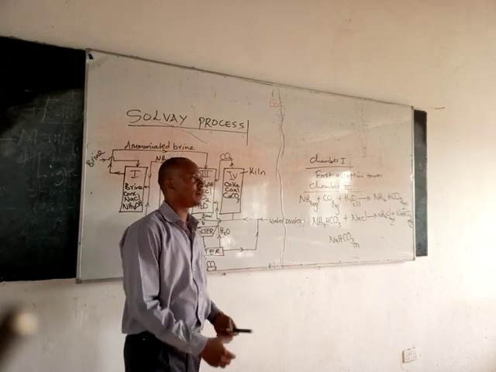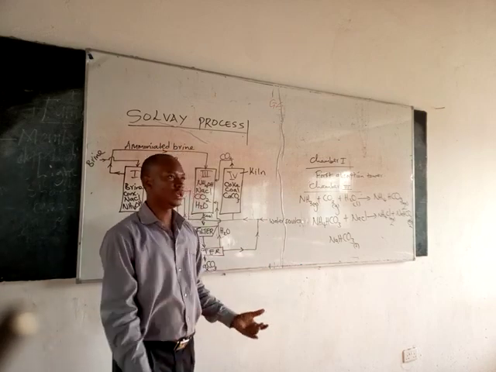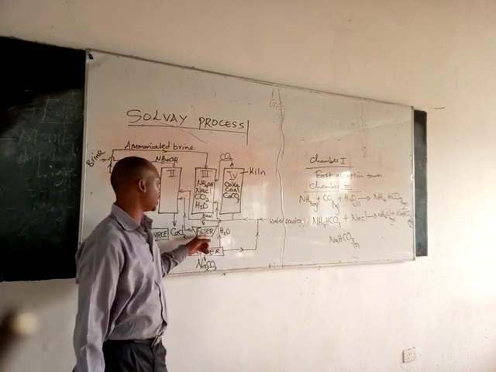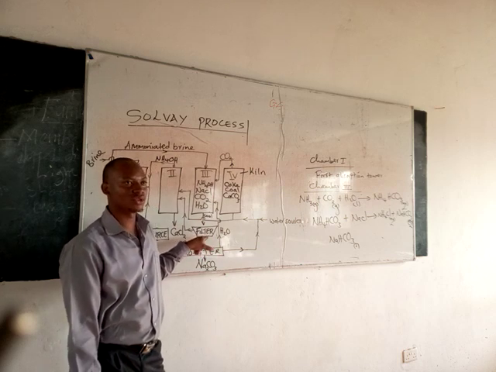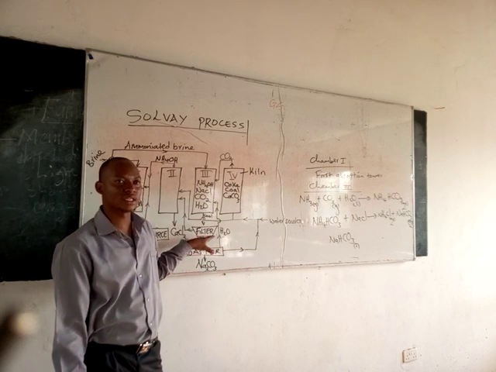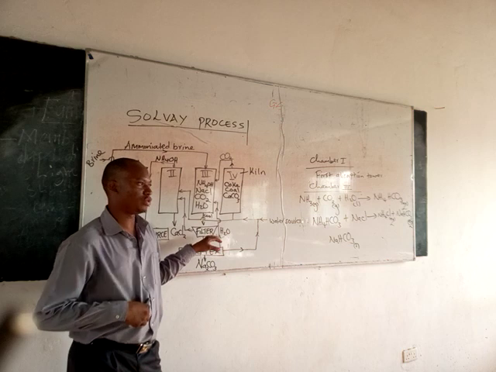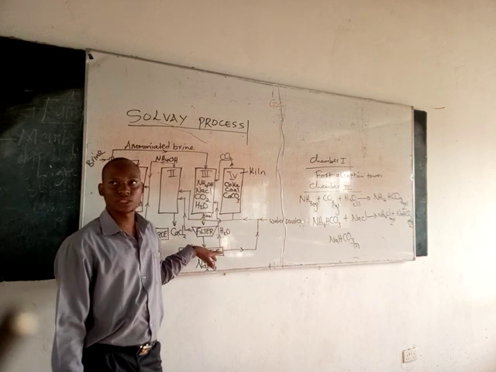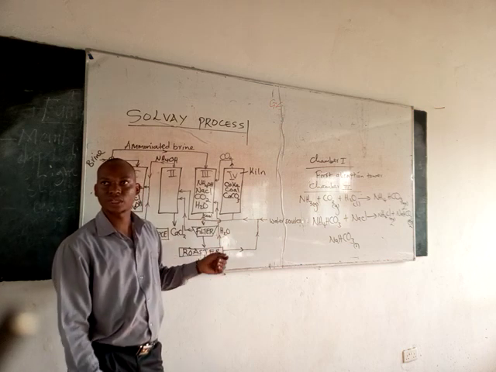And now we will be having a liquid solid mixture which can be separated by filtration. So the mixture proceeds to the filter, and now it will be easy to separate the mixture by a process of filtration.